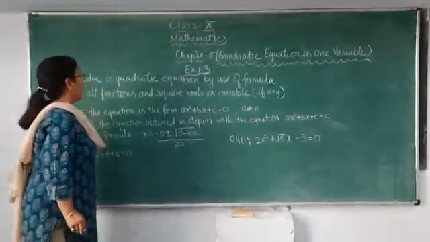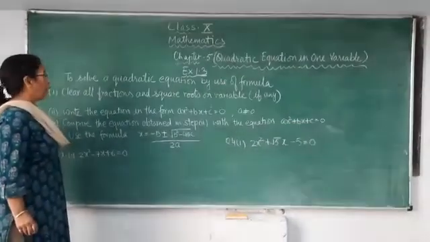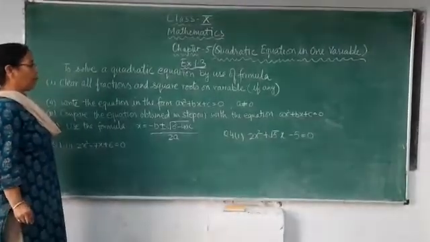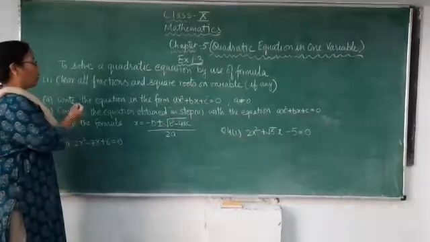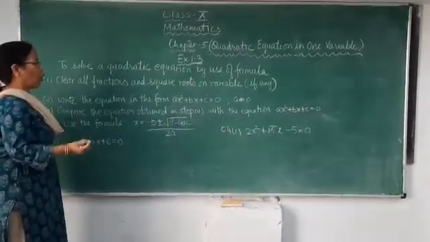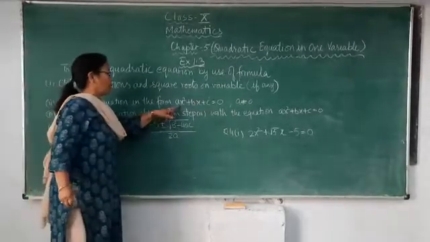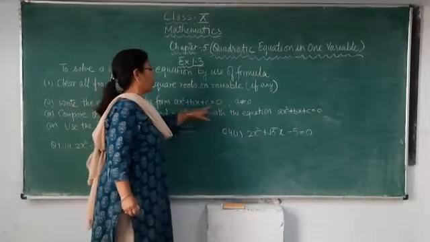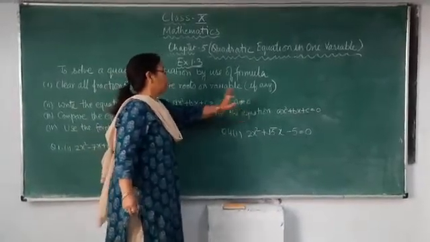In this exercise you have to solve the quadratic equation by using the formula. So before using the formula, if the equation is given in fractional form or square root form, you have to change that and get the equation in the form of ax square plus bx plus c equals to 0, where a should not be equal to 0.